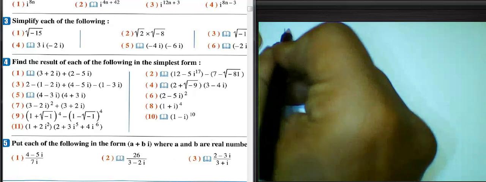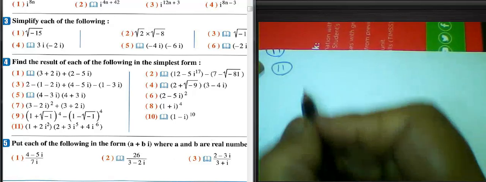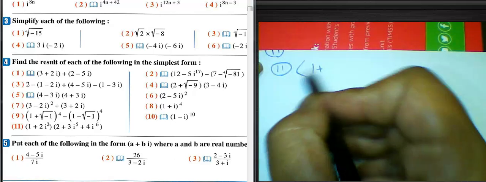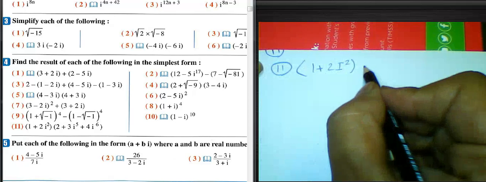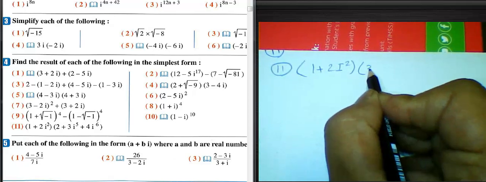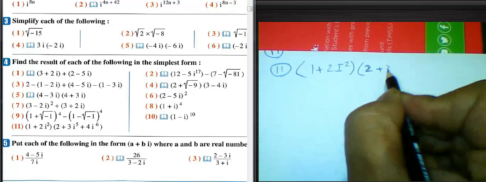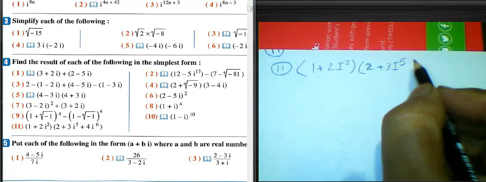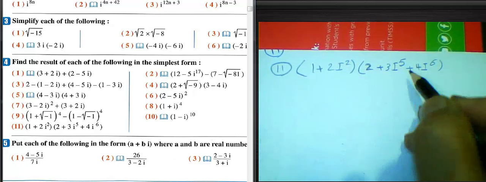Look at with me. Question 11: (1 plus 2i) power 2 times (2 plus 3i) power 5 plus 4i power 6.